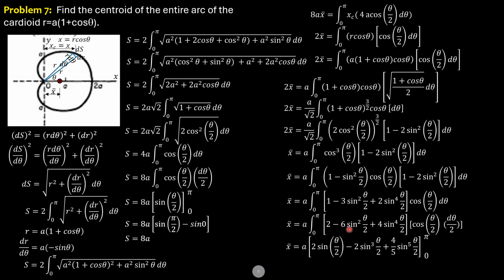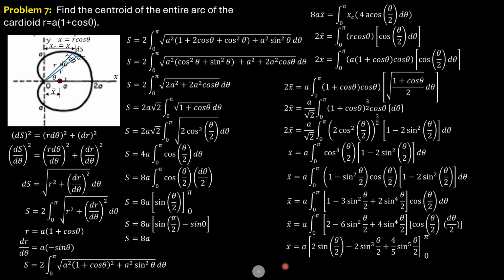Again, the explanation here: this is 6 sine cube over 3, so negative 6 over 3 is negative 2. This is 4 sine to the fifth theta over 2 over 5, so that's why we have 4 fifths sine to the fifth theta over 2. So from 0 to pi, take note that sine pi over 2 is 1 and sine of 0 is 0.